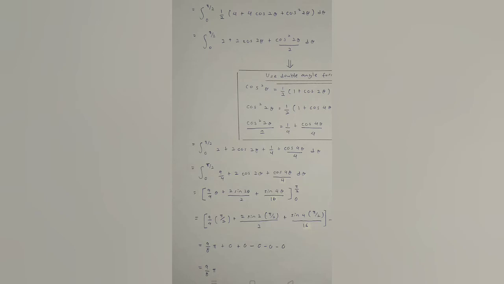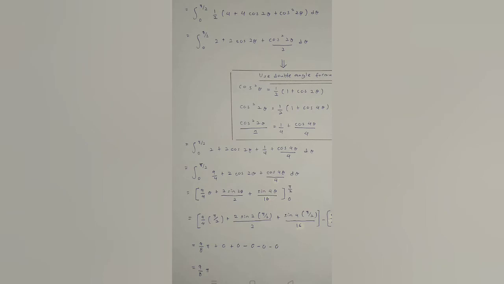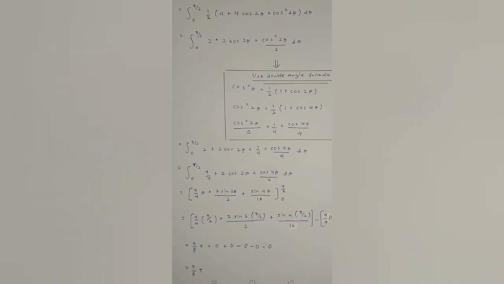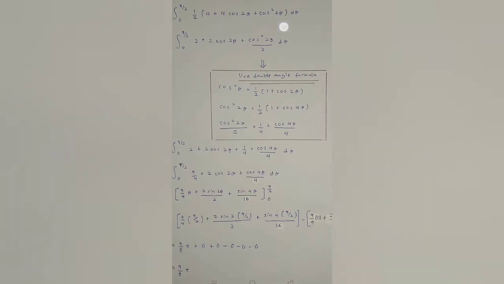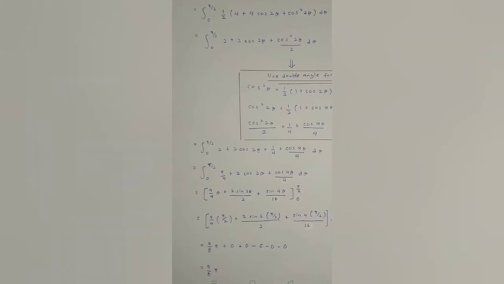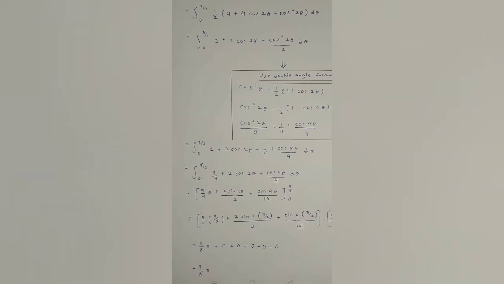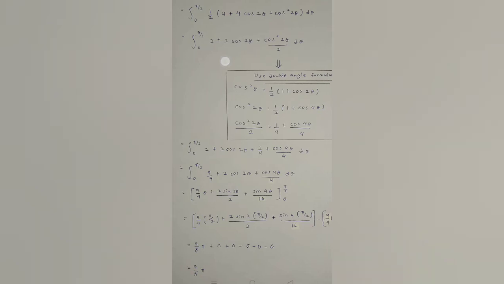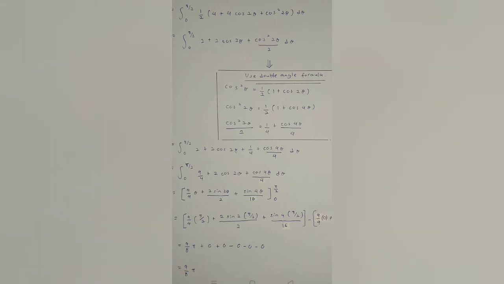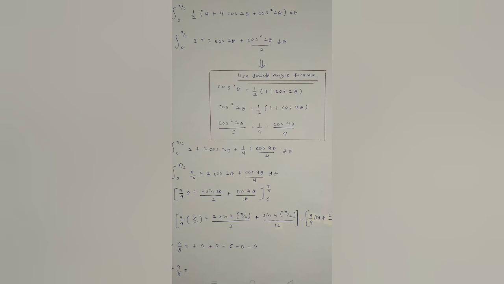Then we get the integral from 0 to pi over 2 of 1 over 2 times (4 plus 4 cos 2 theta plus cos squared 2 theta) d theta. And then we divide the value in the bracket by 1 over 2, and we get the integral from 0 to pi over 2 of 2 plus 2 cos 2 theta plus cos squared 2 theta over 2 d theta.